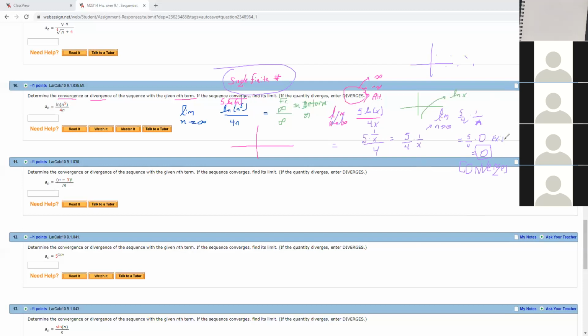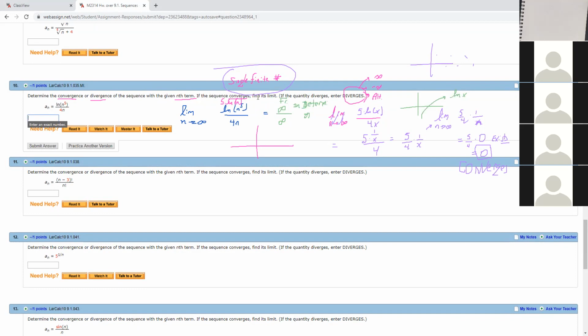Any questions here, class? No. Okay, so here, it does converge. If the sequence converges, well, it seems kind of strange the way they write this. If the sequence converges, find its limit. It almost makes it sound like first decide if it converges, and if it does, then find the limit. Well, it's really the other way around.